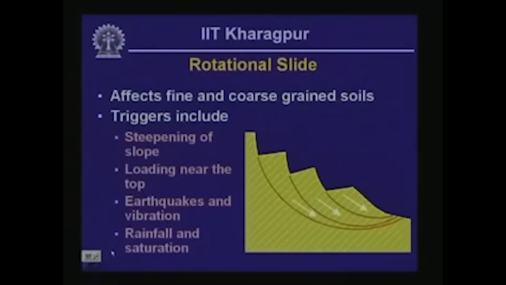That is the reason why in many situations, following deforestation in hilly areas, the incidence of landslides also increases quite substantially. And these triggers could also affect the other types of slides that we are going to see in the next little bit.